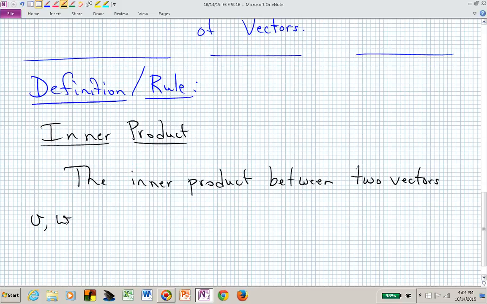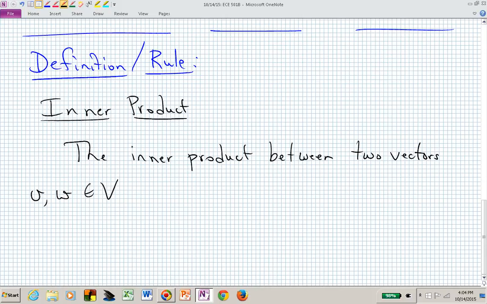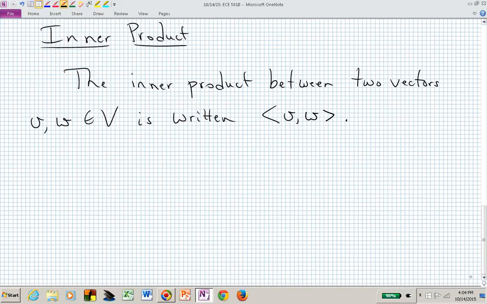Let's denote those as V and W, and those are coming to us from our vector space V. Let's just agree that we will write the inner product between the 2 vectors V and W as open bracket, V, comma, W, close bracket. That's how we will represent the inner product of 2 vectors, V, comma, W, inside these angled brackets.